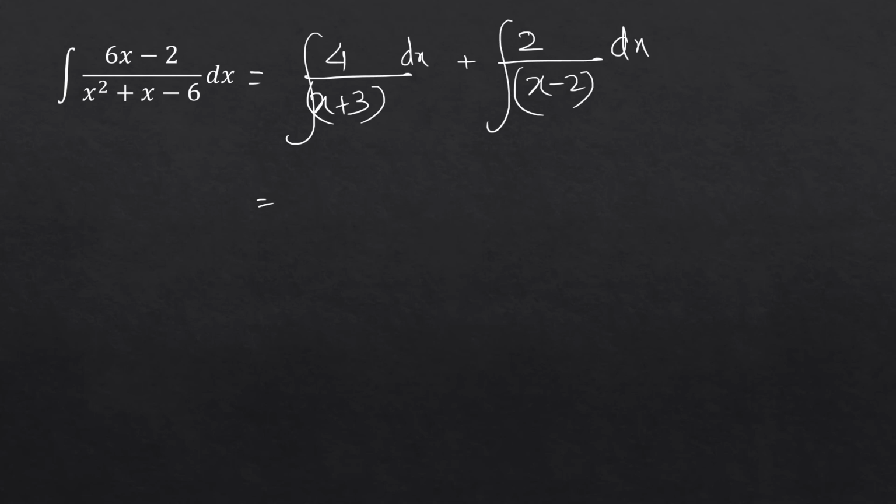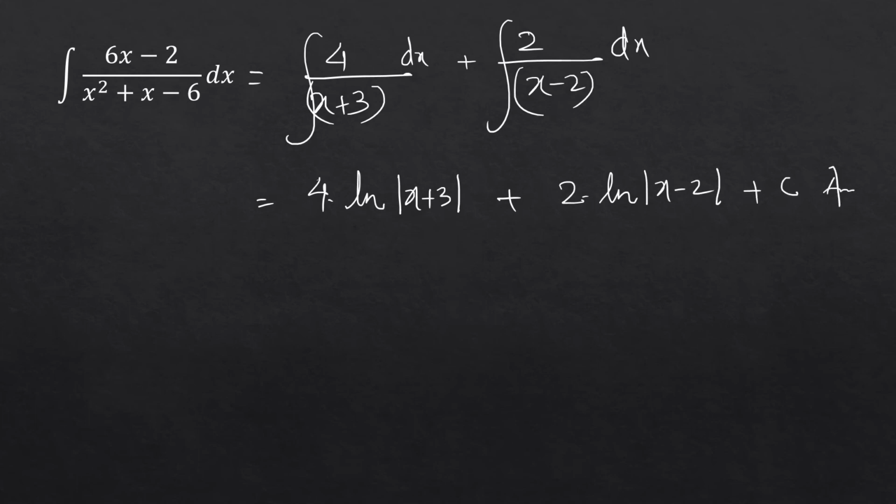I can directly apply the formula integral of 1 over x is equal to ln mod x. So we will have 4 times ln mod of x plus 3 plus 2 times ln mod of x minus 2 plus c, and that's my answer.